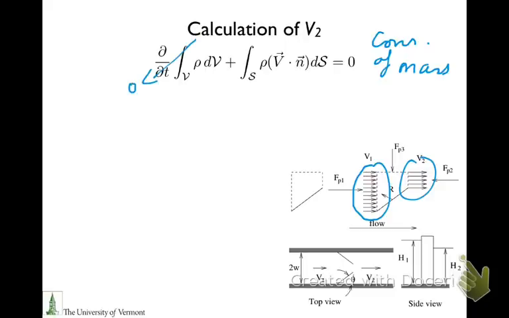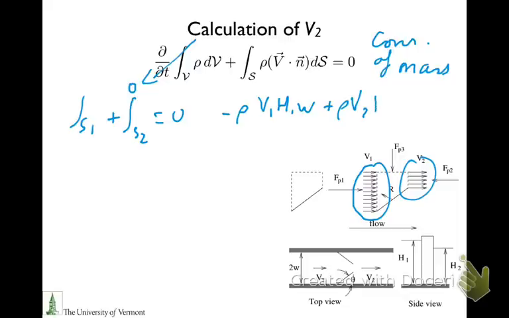And I'm going to have the integral over S1 plus the integral over S2 is equal to 0, which translates into minus rho V1 H1 W plus rho V2 H2 W (1 minus sine theta), and that's equal to 0.